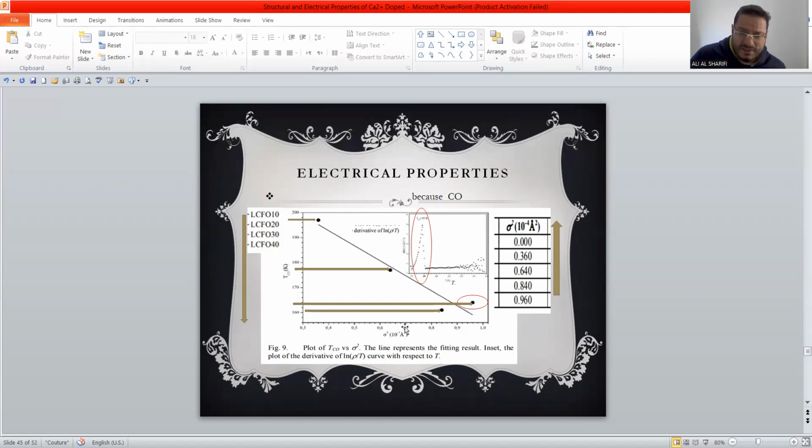And the inset explains to us the plot of the derivative of ln resistivity divided by T with respect to temperature. At low temperature, we will note a sharp increase like that. And at high temperature, it changes to act like a line with little change, like we noted here.